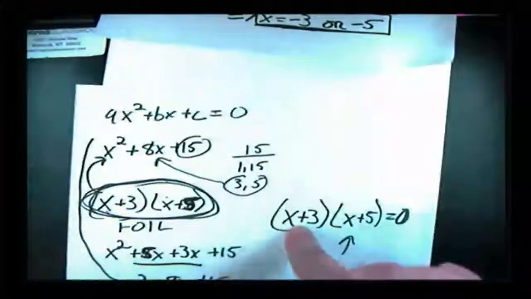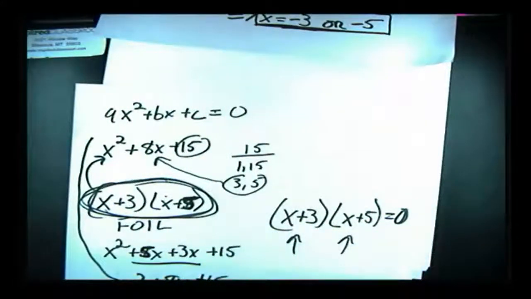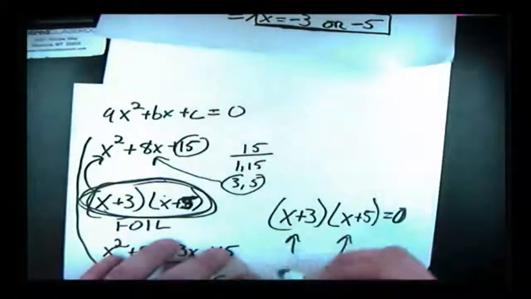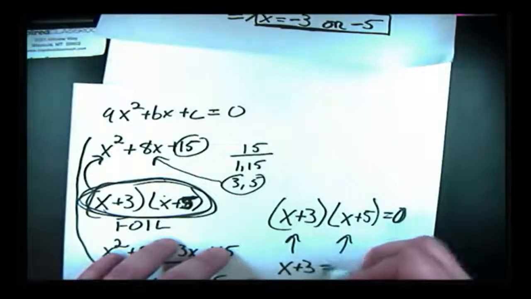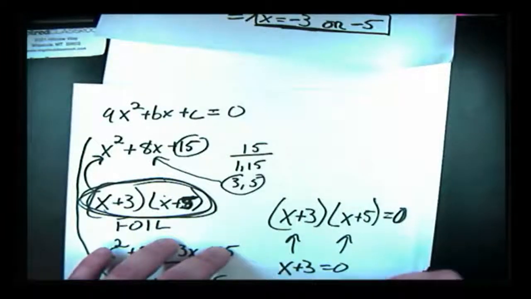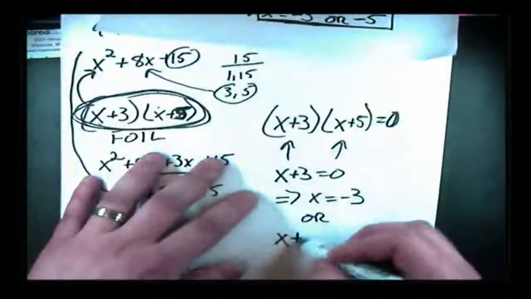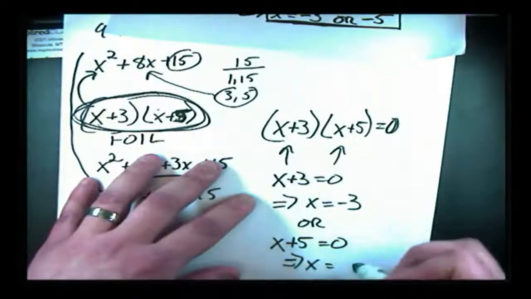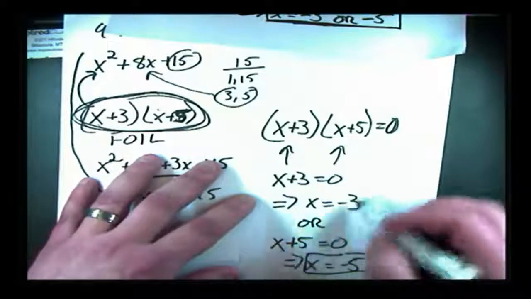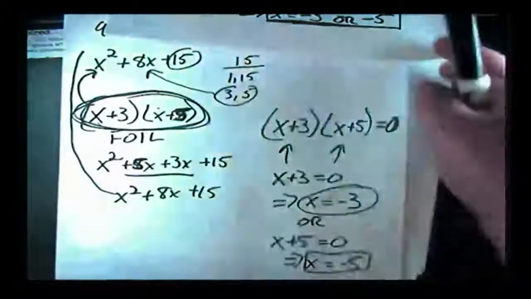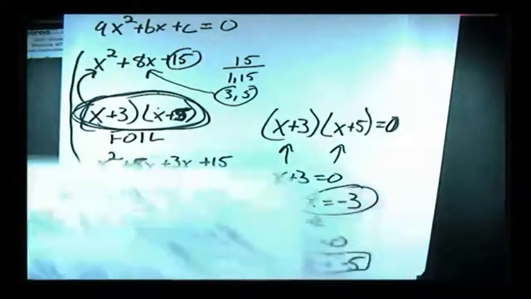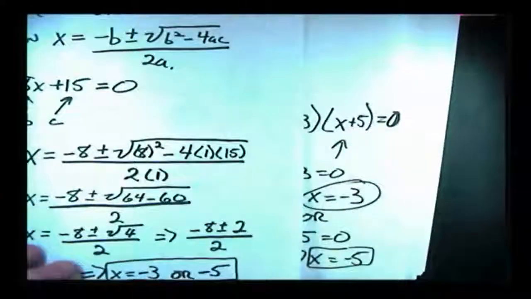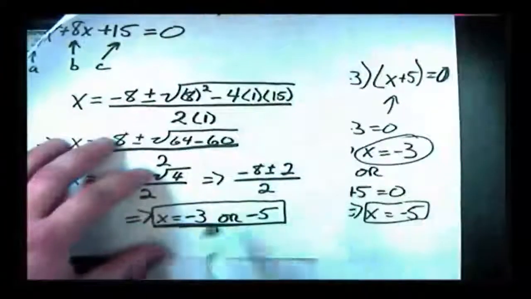So 0 times this term is also 0. Hence we have 2 answers. If that's the case, then x plus 3 has to equal 0, which implies x is equal to negative 3, or x plus 5 has to equal 0, which implies that x is equal to negative 5. Which is what I have here.